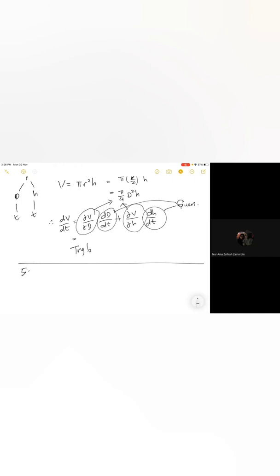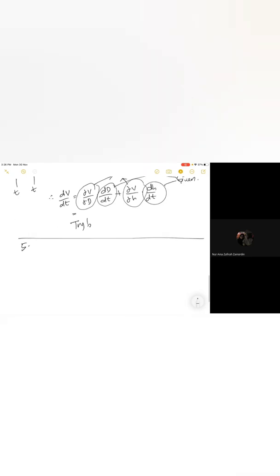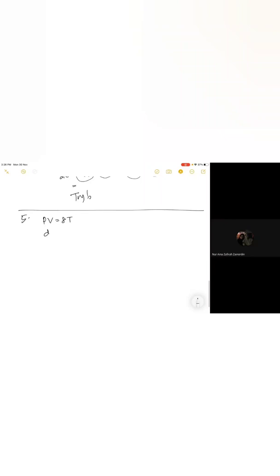Okay, the pressure P in kilopascal, volume V in liters, and temperature in kelvins of a mole of an ideal gas are related to by the equation PV equals to 8T. Ni macam sama macam tadi lah, equation of gas. Use chain rule to find the rate at which the pressure is changing. The pressure. So dP dt.